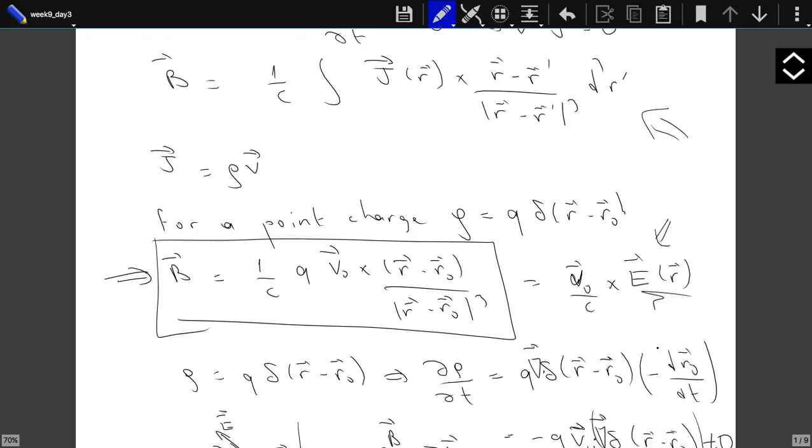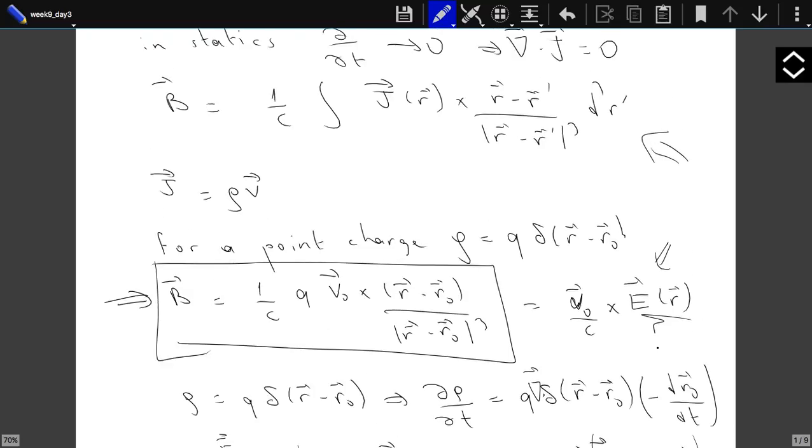The problem with this expression is that although we derived the integral representation of this magnetic induction for magnetostatics, a single moving charge is not a magnetostatic system. The system is not static, it's dynamic. So we have to have all the machinery of electrodynamics to evaluate the magnetic field of a moving charge.